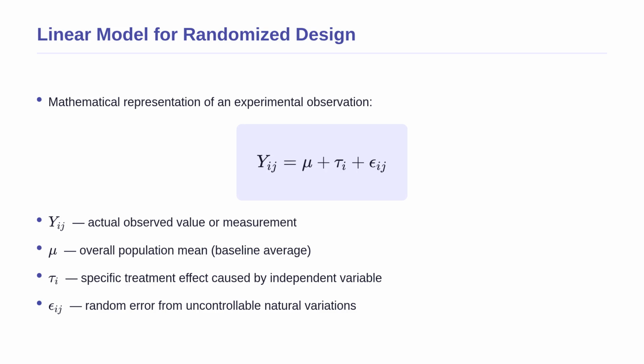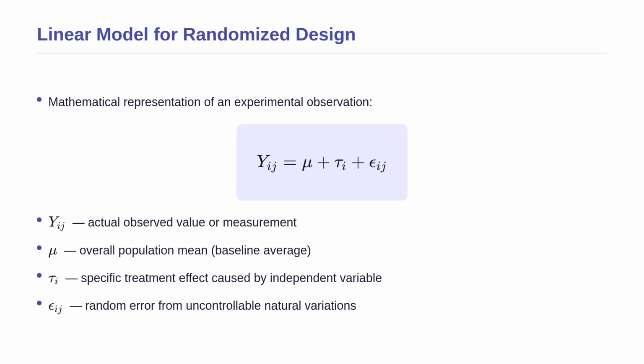To represent these experimental outcomes mathematically, we use a statistical model. This specific equation is the linear model for a completely randomized design. It breaks down every single data point we collect into three distinct components. Y represents the actual observed measurement for a subject. Mu is the overall population mean, or the baseline average.